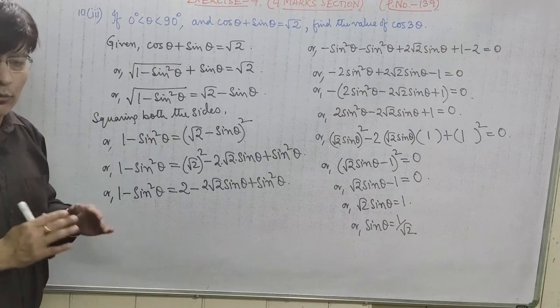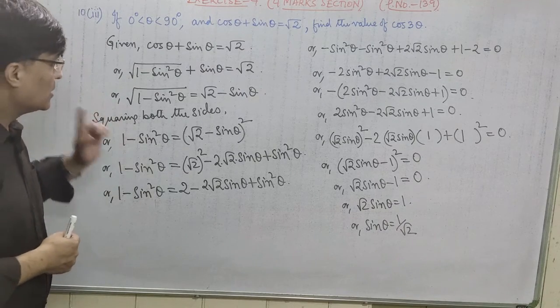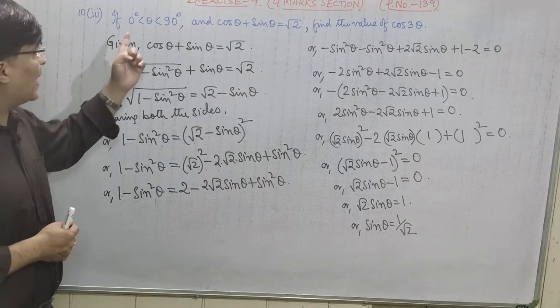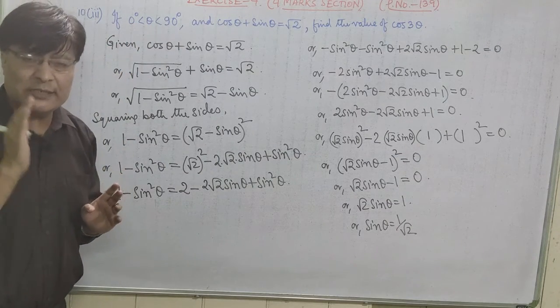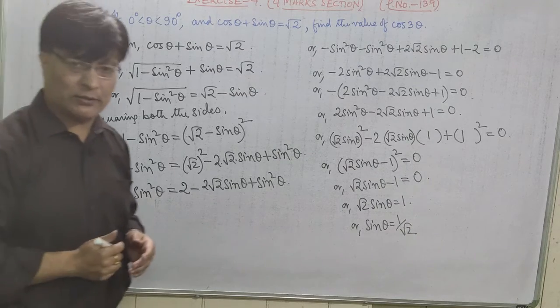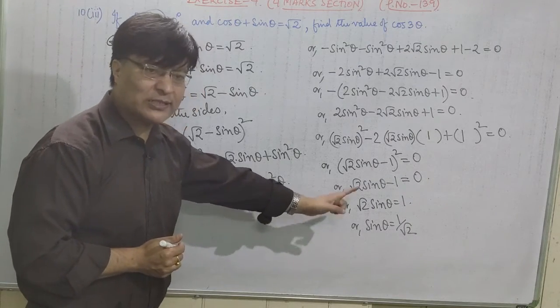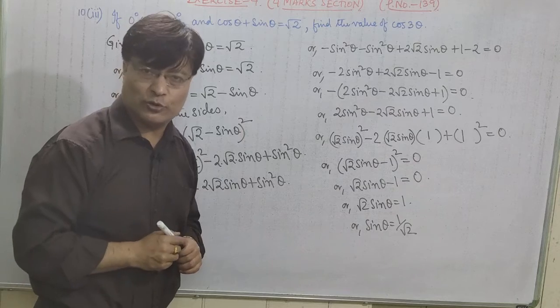Now we can solve it and get the value for theta. Since in the question it is given that theta lies within 0 degree and 90 degree, that means theta lies only in the first quadrant. So in the first quadrant, sin 45 degree is 1 by root 2, isn't it?